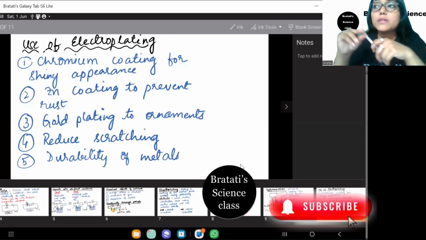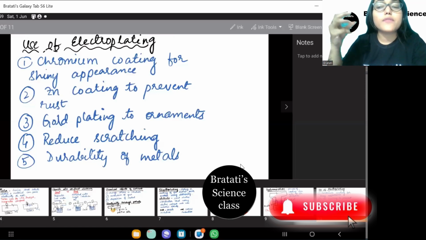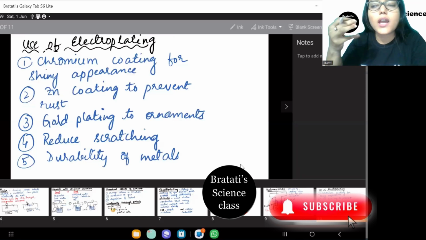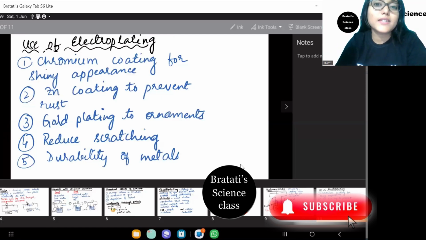Second thing, you must have seen the taps of basins or the spoons and all. They are very shiny. So how do we bring that shininess to the metal? It is due to chromium. Chromium is again a very costly metal which we cannot use completely, but we can give a chromium coating on these metals, which will appear shiny.